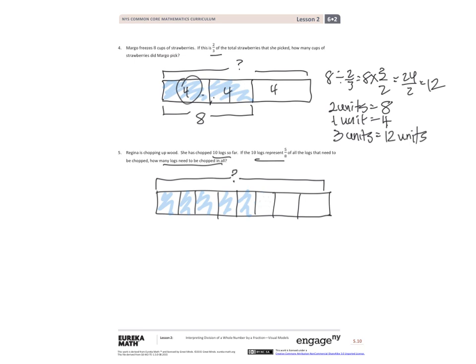Okay, so the 5/8, this represents 10 logs. So it's 10 divided by 5/8, which is 10 times 8/5. And that equals 80 over 5. How many 5s are in 8? 1, and 3 left over, and then 5 times 6 is 30.